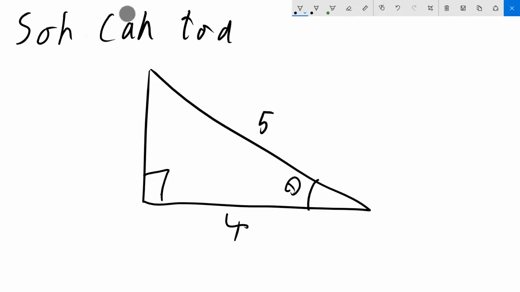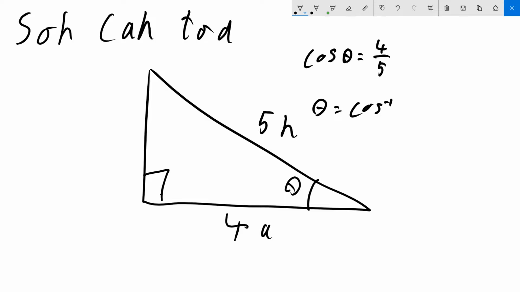So cos deals with adjacent and the hypotenuse, so I've labeled them there. So cos theta equals the adjacent 4 over the hypotenuse 5. So theta equals cosine to the -1 of 4 divided by 5, and that'll work out what theta is.